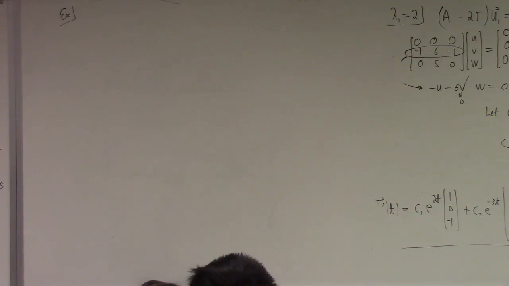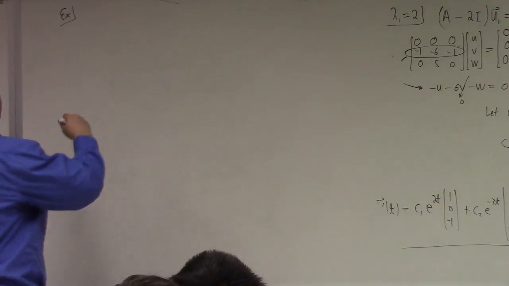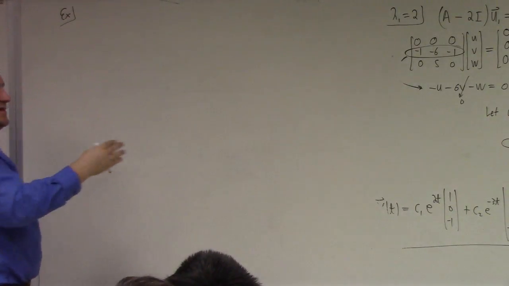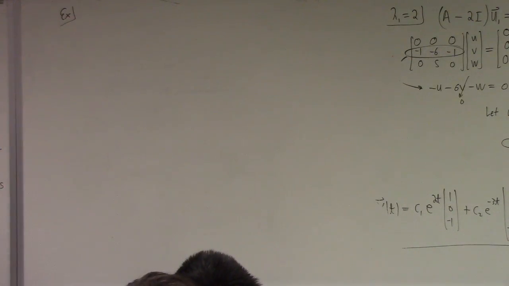There are a lot of 3x3 problems out there where the cubic polynomial you have to factor, the characteristic equation, is just too difficult for an in-test kind of thing. You could find 3x3 problems in my notes which would be unreasonable for a test, but you could also find 3x3 problems that would be reasonable for a test. The one we just worked is very much reasonable for the test.